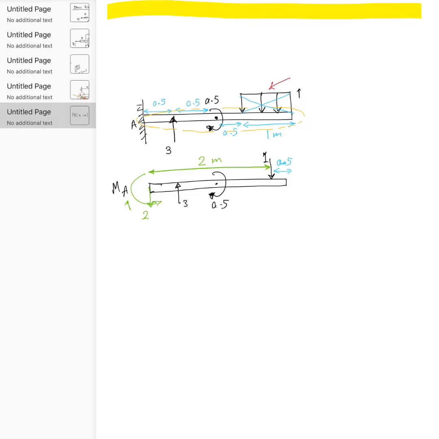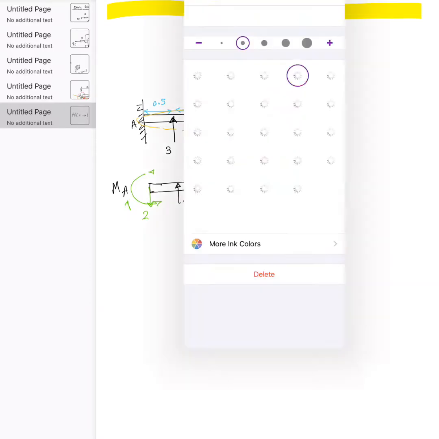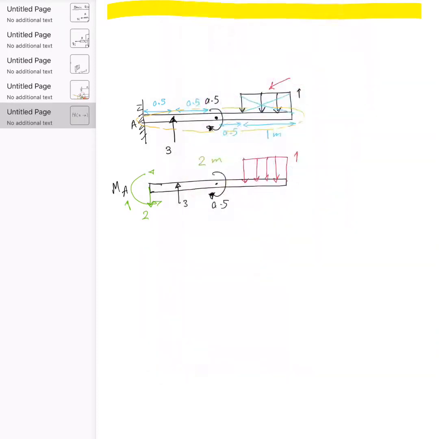So I just put this distributed load back, because we're going to cut it. We cannot just replace it with a point load. We're going to cut it somewhere in between. So now I can go ahead and do my cuttings.